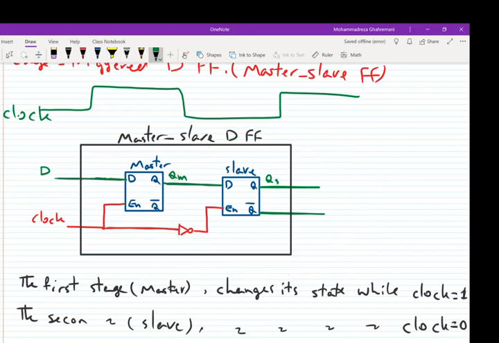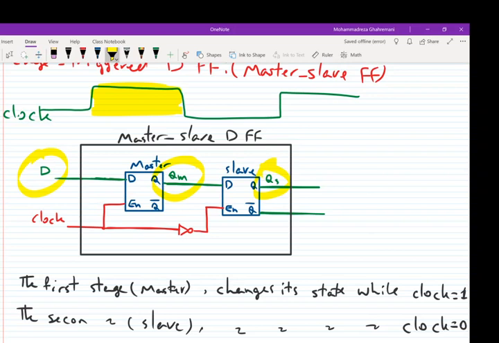As a result, while the clock is active, the value of QM follows any changes in D, and the value of QS remains constant.